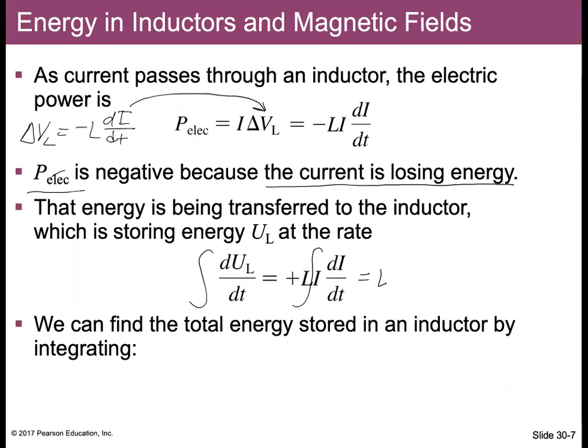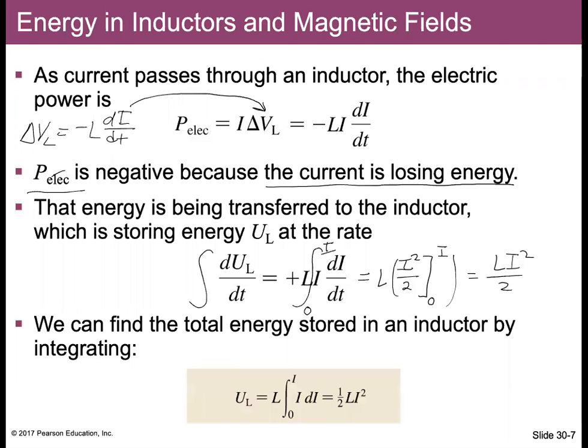So I'm going to have L times the integral of I di, from 0 to I. And so that'll give me L times I squared over 2, evaluated from 0 to I. And so that gives me L I squared over 2. And so I see that the total energy stored in an inductor is going to give us 1/2 L I squared.